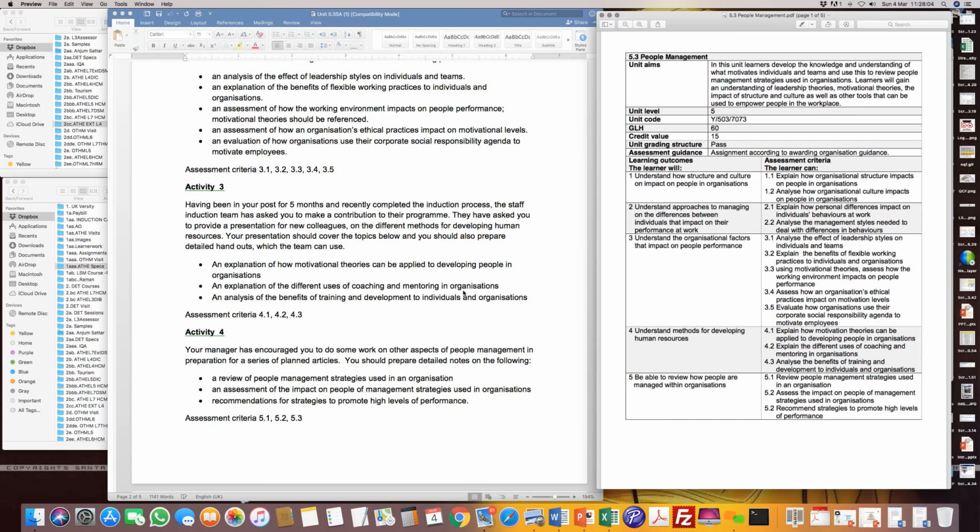All covered. And the third task is analysis of the benefits of training and development. Here you have to talk about why organizations look at training and development, looking at the presentation on job enrichment, job enlargement, job rotation, and keeping employees loyal and motivated. The idea is to look at training and development to cover the gap areas, and then these are the benefits your organization would have.